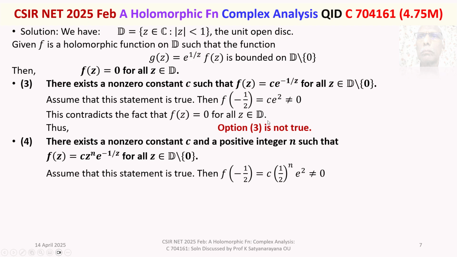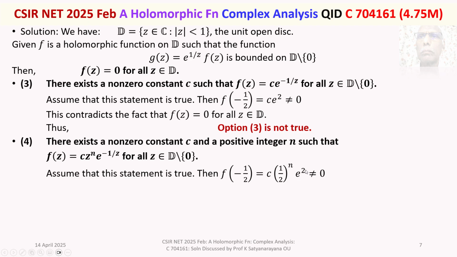Then, as above, we take minus 1 by 2, which belongs to D minus 0. And the value of f at minus 1 by 2 will be c into z to the power of n, minus 1 by 2 to the power of n, or else you take 1 by 2 to the power of n, into e square.